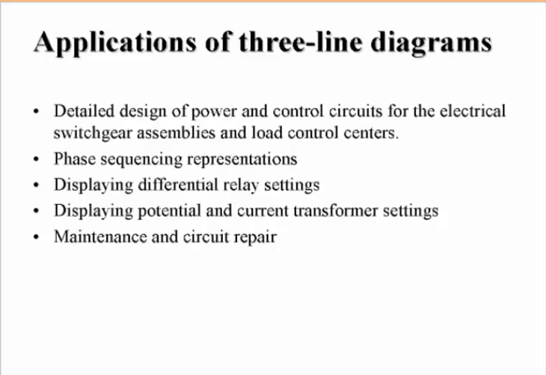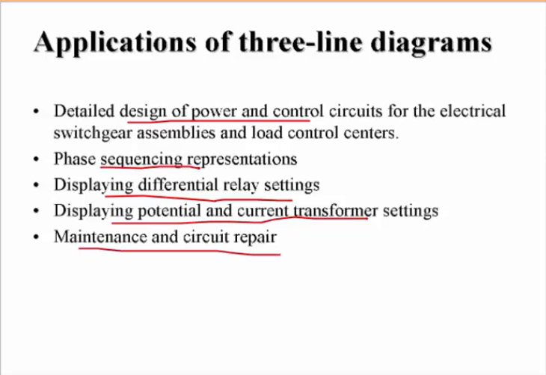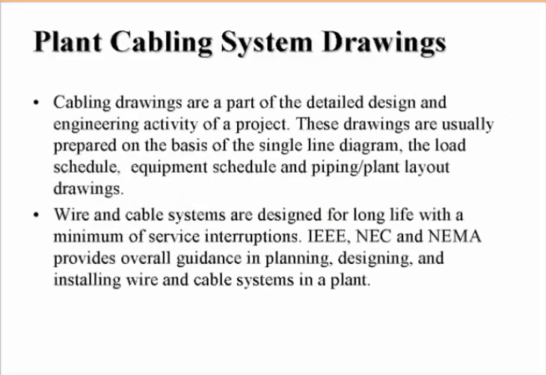Applications of three line diagrams. It's for detailed design of your power and control circuits, as we've mentioned. Phase sequencing representation, displaying differential relay settings, displaying potential and current transformer settings, and maintenance and circuit repair can be done from the three line diagrams. Then we also get plant cabling system drawings.